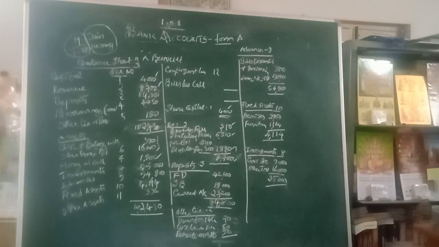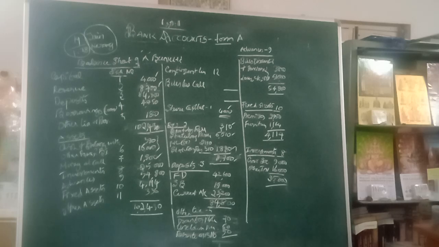If I am transferring the amount from one branch to another branch of that bank, there may be some adjustments required. Adjustments in the sense some entries may be omitted or some entries are to be accounted. So that is called inter office adjustments.